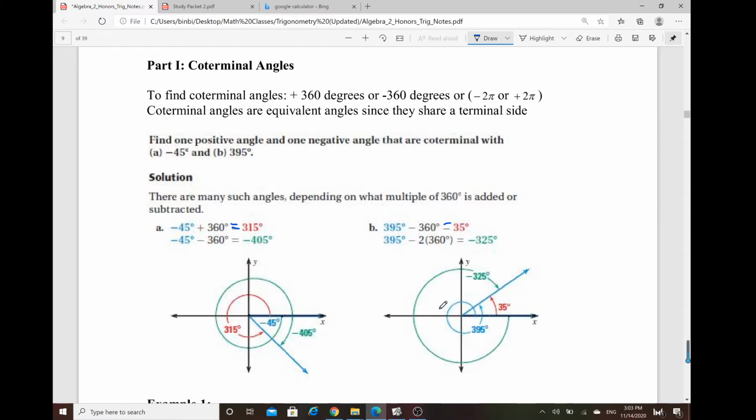This one is going back to quadrant 1 and getting the smaller positive angle, so going backward. And for getting the negative coterminal, you just subtract 360 twice.